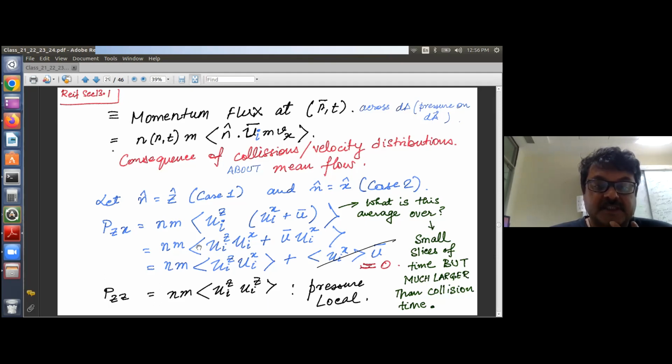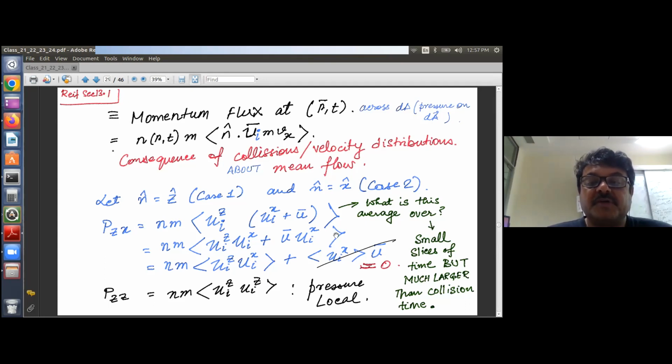And then if you open up the brackets, you get u_zi u_xi plus ū u_iz, and this is the so-called fluctuation. I think this should be z actually. Yes, you are opening this up in z, but in the z direction there's no net momentum.